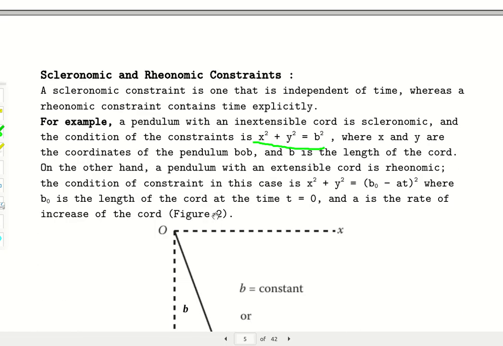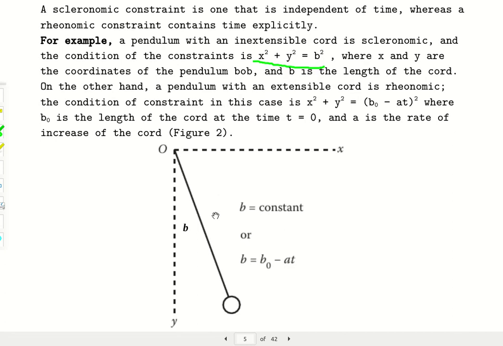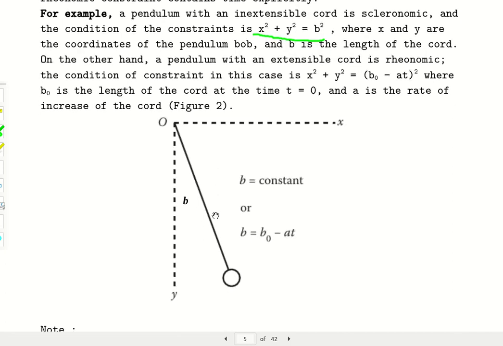But remember one thing, the constraint is not a God-gifted thing. It has to come from a physical force, which is called the force of constraint. Here, for the pendulum case, the constraint force is the tension in the string.